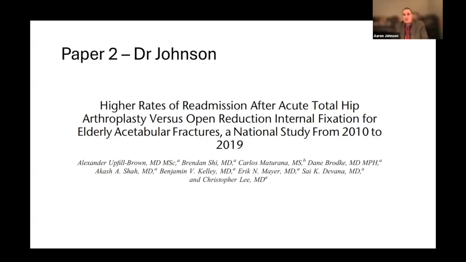I'd be curious to get your thoughts about the low energy geriatric acetabulum, the 80-year-old osteoporotic patient with terrible bone quality, versus maybe the 60-year-old in a motorcycle accident who has pretty good bone quality, but some dome impaction and a femoral head injury. To me, when we're taking care of these, those are two very different patient populations that get lumped together. So as with all the database studies, there's useful information.